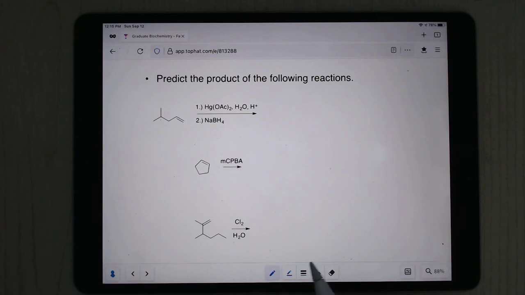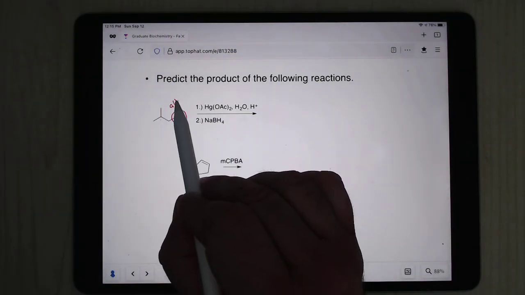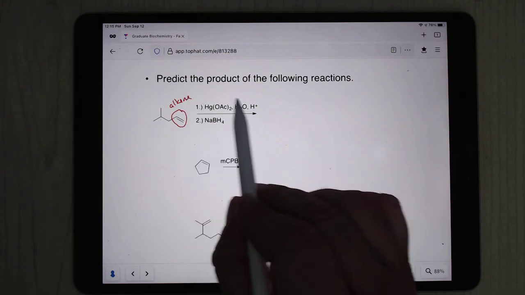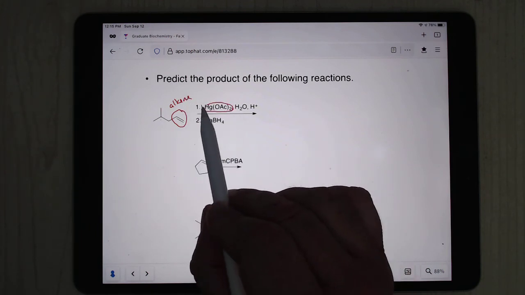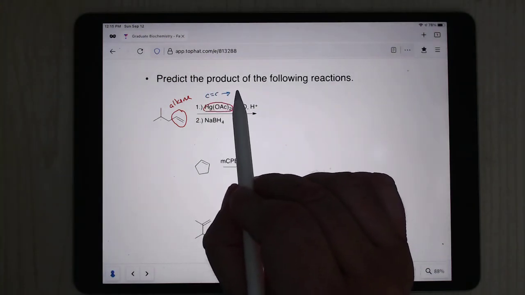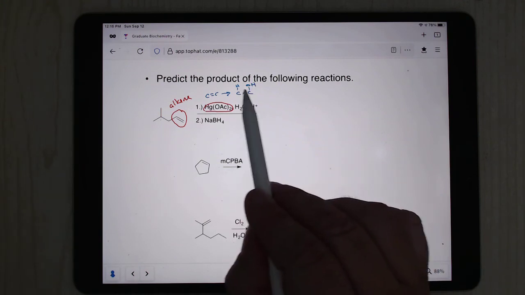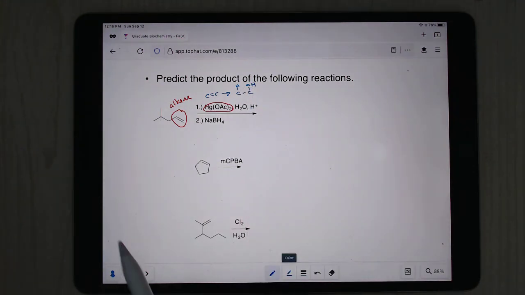For this one here, here's the alkene. And here's the mercury. So what does that do? Well, that puts an HOH across it, but the OH is going to go on the higher ordered side. And if you notice, I'm saying it the exact same way that it's written on the list of reactions.